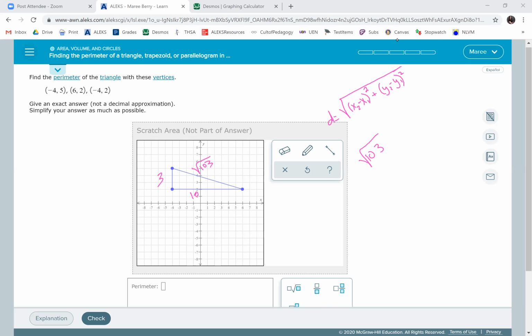So wait a minute. I squared the 10, but not the 3. So this should be 109. Yeah, 109. Okay, so it's going to be 13 plus the square root of 109.